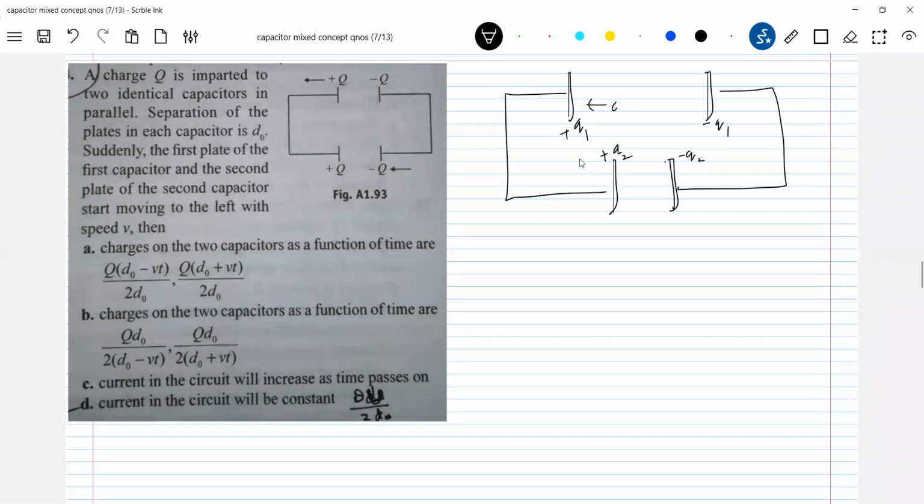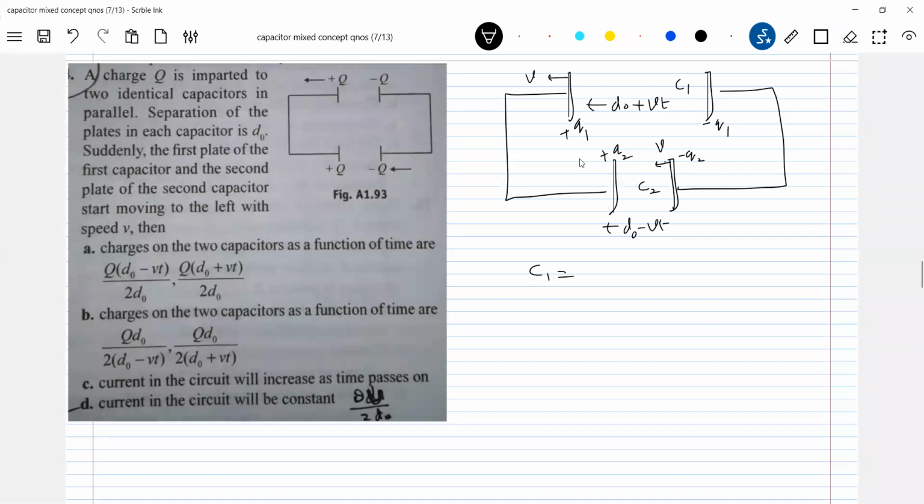The separation here is D naught plus Vt, because this is moved with a constant speed, and this is moved with a constant speed. So the separation will be D naught minus Vt. The distance of the lower plate will decrease, that of the upper plate will increase. So the capacitances, let it be C1, C2 here.